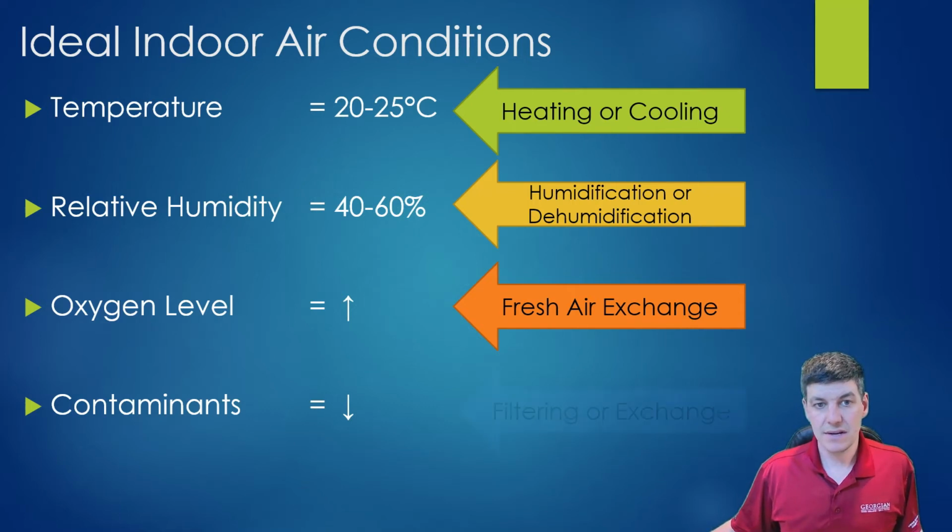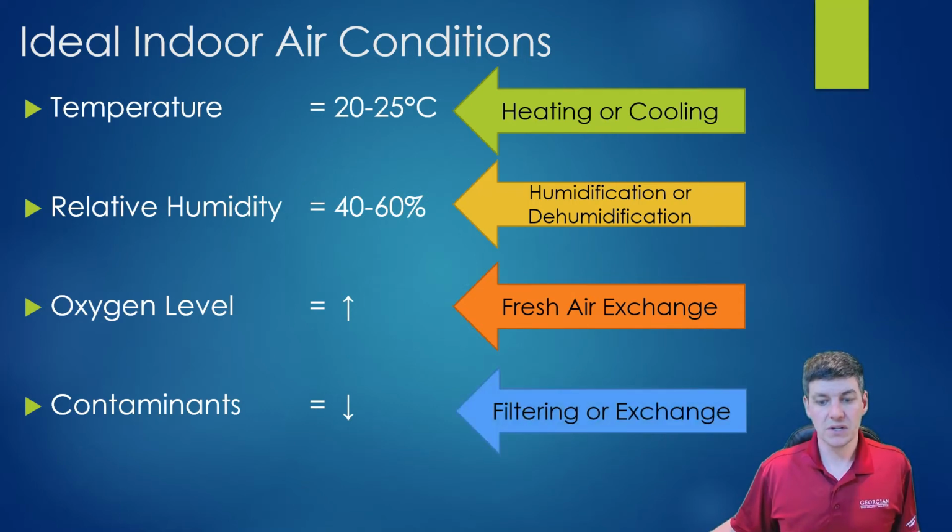And then finally, we want to make sure that we have a low level of contaminants in our air, and that's going to be through things like either fresh air exchange again, or else filtering. Okay, so we're going to take advantage of some of these things when we use our air conditioning system.